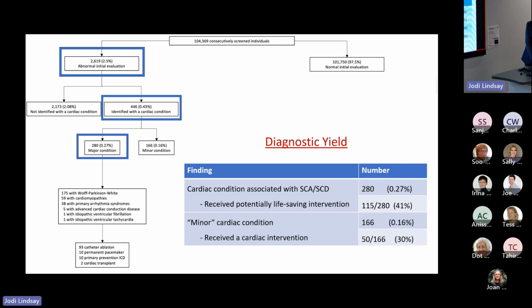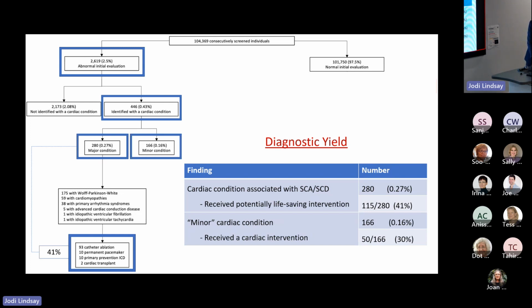The first point to make is that out of those individuals, you can see that 0.27% were identified with a major condition, and 40% of them had a major intervention. What do I mean by major intervention? All of them will get lifestyle advice, they may get medication as well. I'm talking about heart interventions: having an ablation for your pathway, having a defibrillator, a couple of them who had a heart transplant, and so on and so forth, okay?